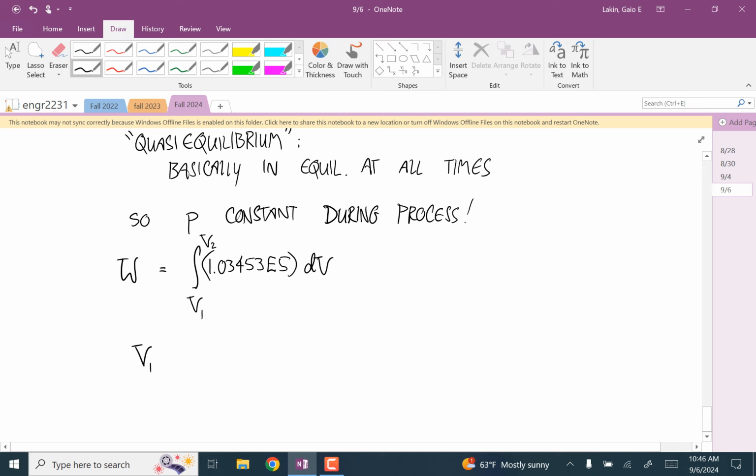Everything's a surprise. So this V1 is going to be the specific volume times the mass, and it would have worked out fine in this case because I gave a very boring mass of 1 kilogram. And then V2 is 0.3 times 1.